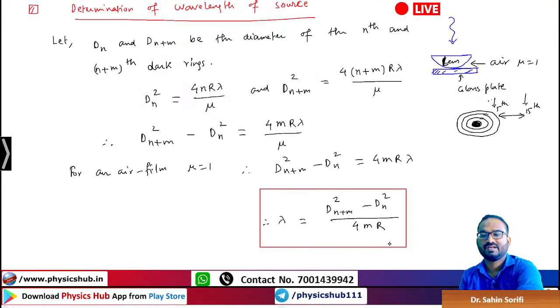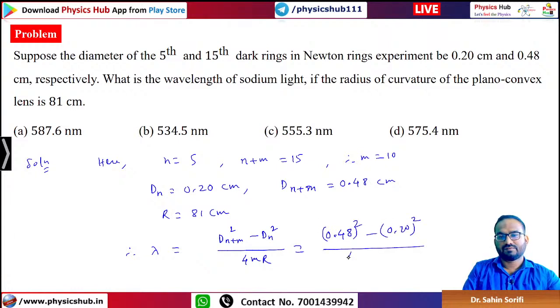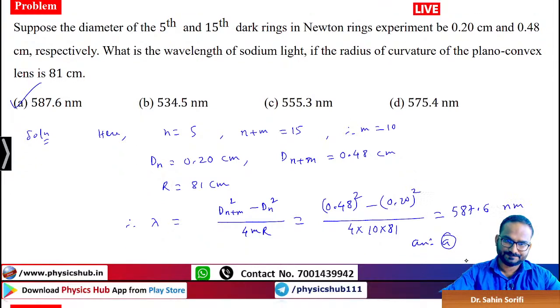We know the formula of lambda: dn plus m whole square minus dn square divided by 4mr. Just put the values. It is 0.48 square minus 0.20 square divided by 4 times m, which is 10, times r. This will come out to be 587.6 nanometer. Option A. Clear? No issue in this question.